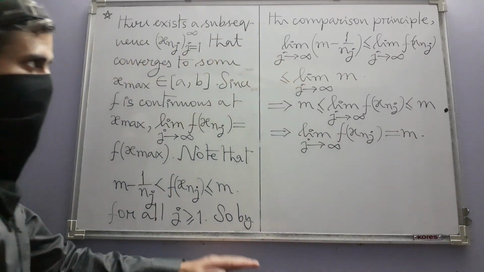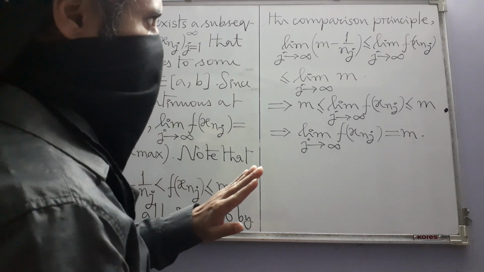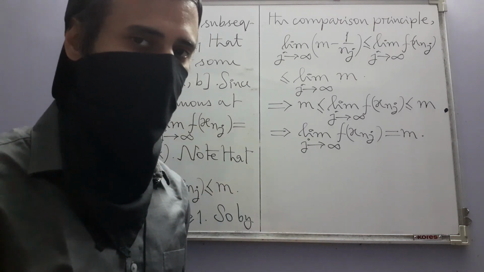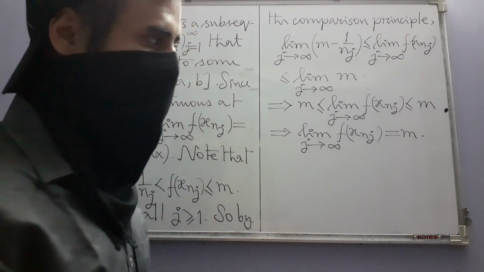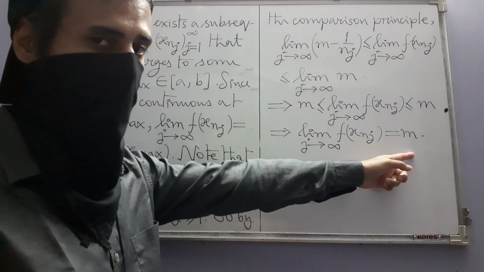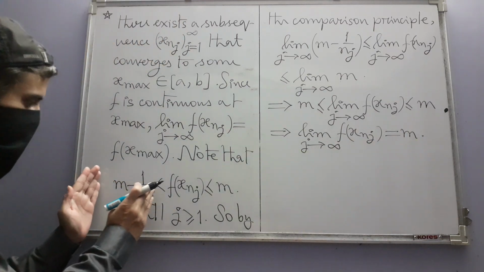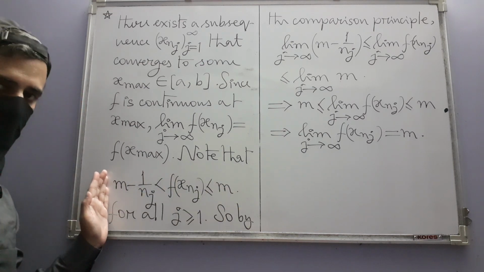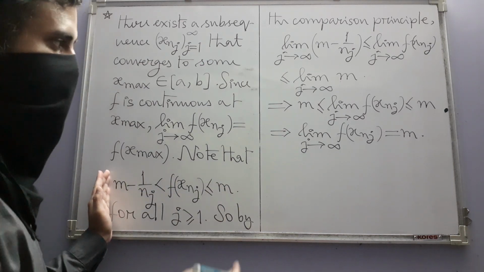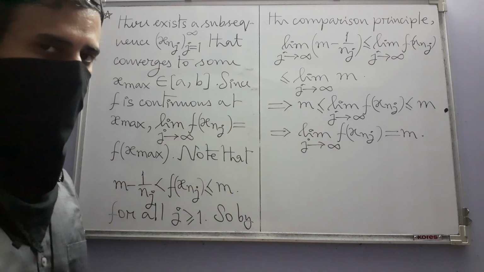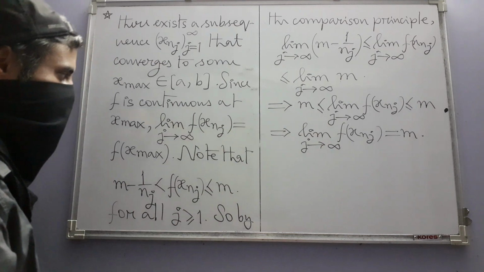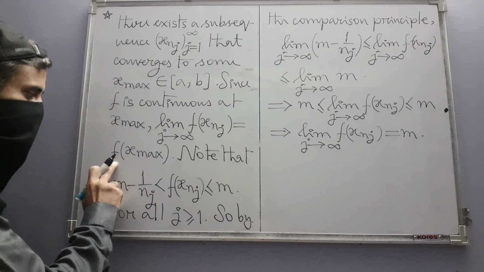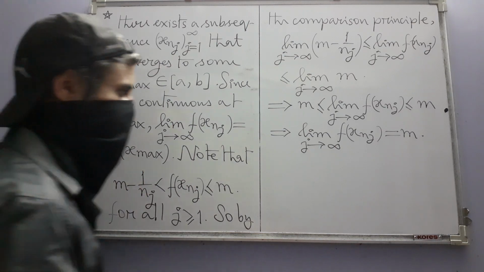Now, instead of using the comparison principle, you can use the squeeze test also and conclude directly that this limit is equal to m by observing that this converges to m and this of course converges to m. That's why by the squeeze test the limit is m. But anyway, now the limit is m. However, the limit is actually equal to f of x max.